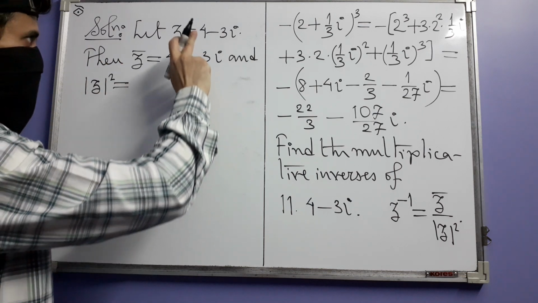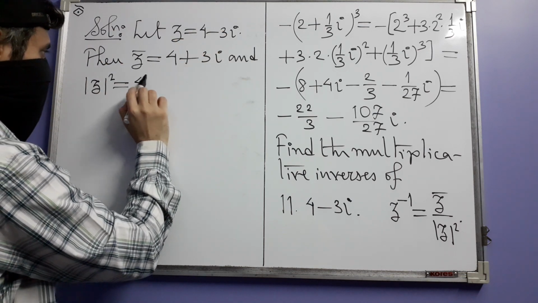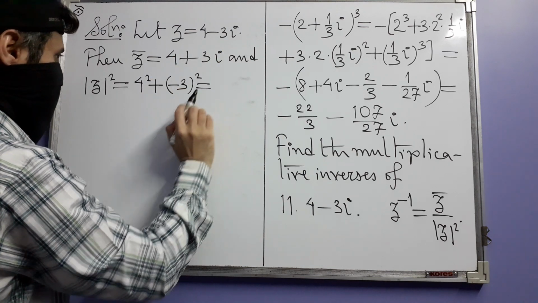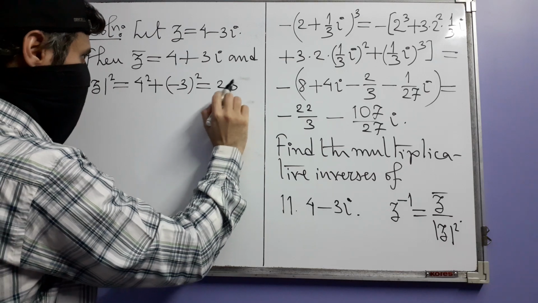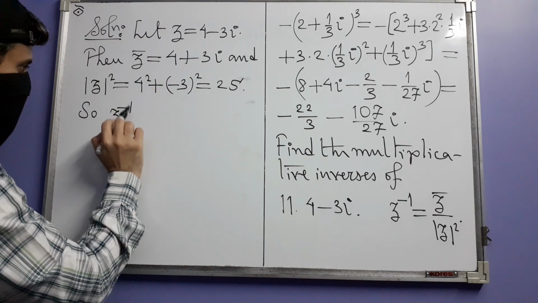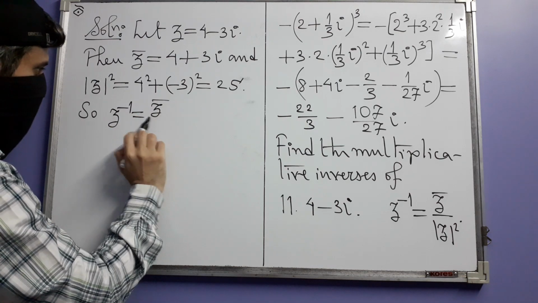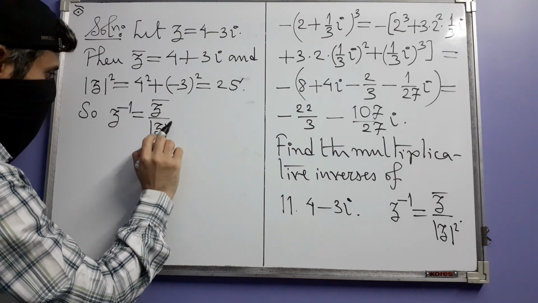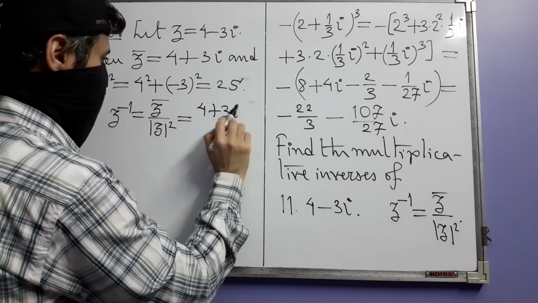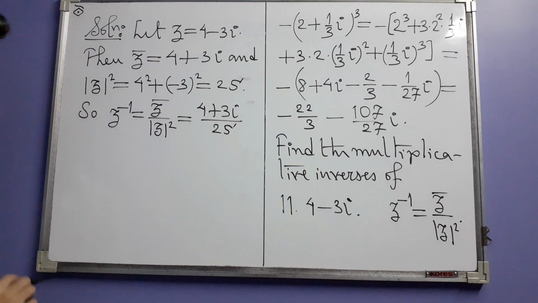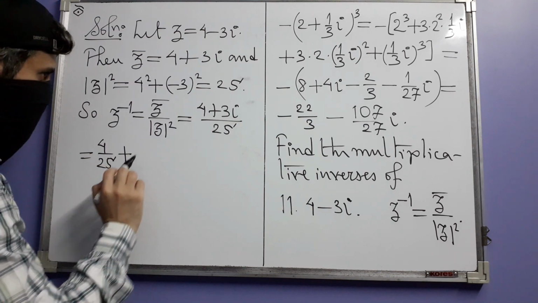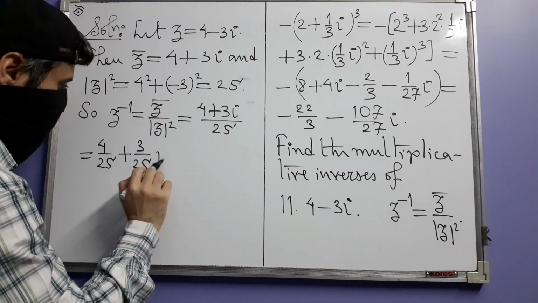Sum of the squares of the real and imaginary parts, 4 squared plus minus 3 squared, that means 16 plus 9, 25. So that means 4 plus 3i divided by 25, or in other words 4 over 25 plus 3 over 25 times i.